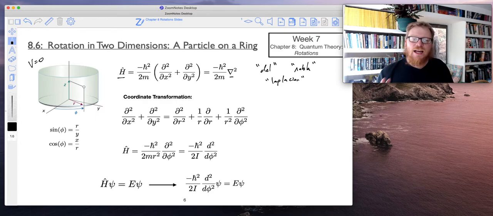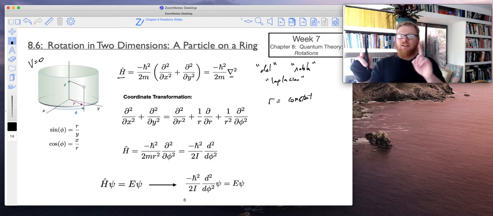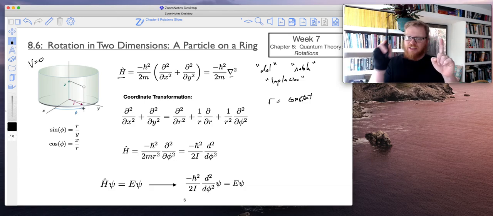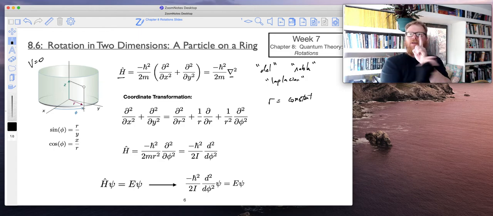So for now, this is not so bad at all, because for one, r is constant. Okay, so we're just going to allow for one single radius. We're not going to allow for the particle to move in and out of the origin. We're just going to say it's fixed at one radius, spinning right round, baby, right round.